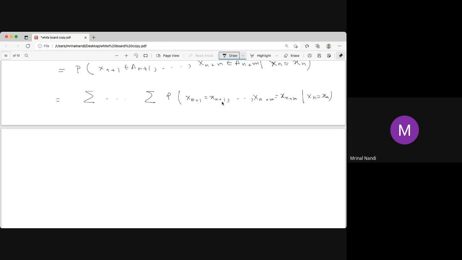But this xn plus 1 is a variable now, it can vary in an. So you have to run over all these xn plus 1 belonging to an plus 1 and xn plus m belonging to x.